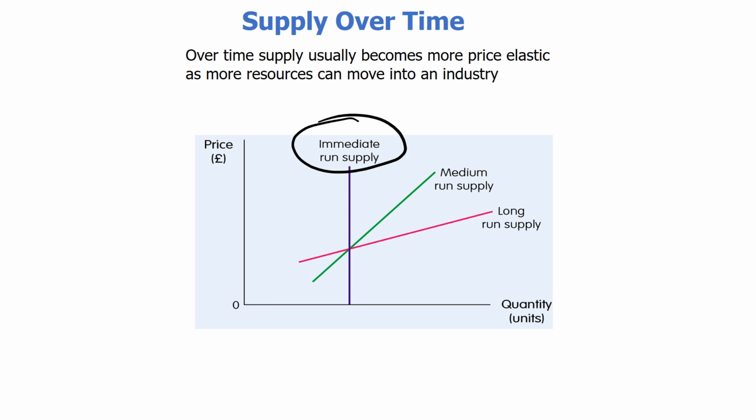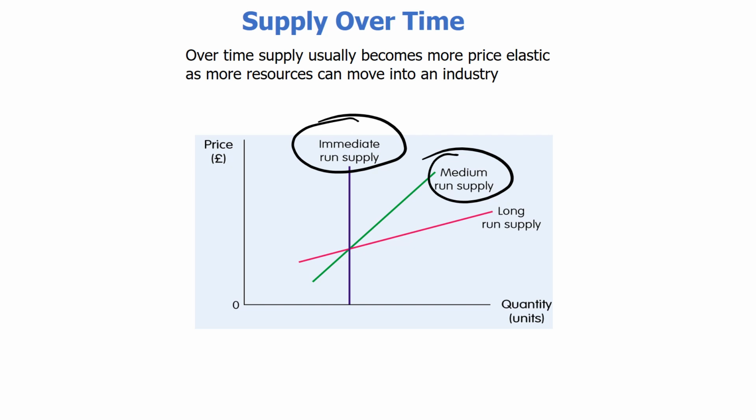In the medium run, supply becomes more price elastic because more people are coming into the industry, more people are supplying the product, there is more competition, and we are looking at the price level. Long run supply is usually very price elastic, because we are very concerned about prices at this stage.